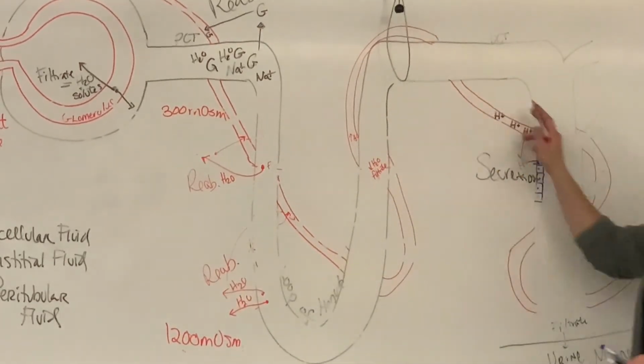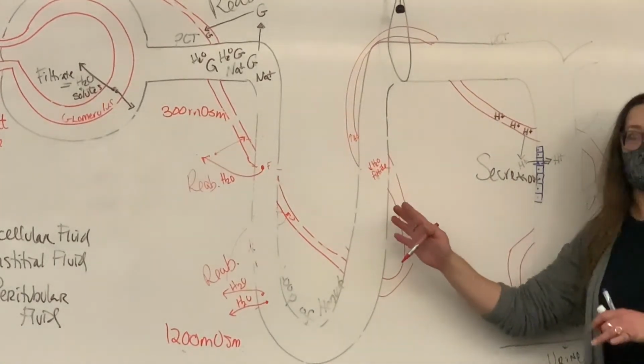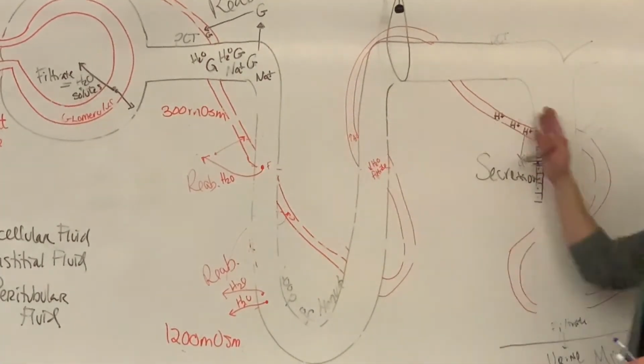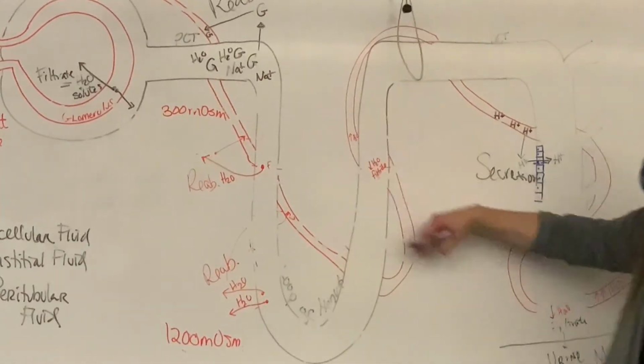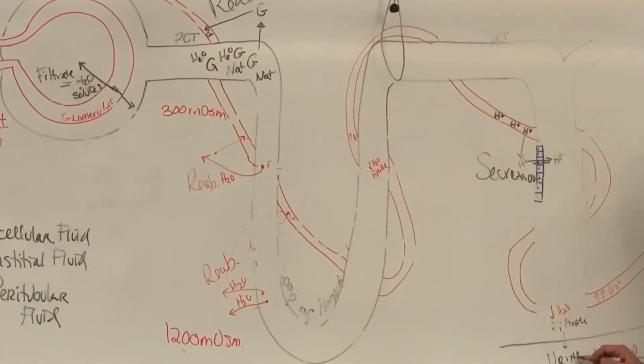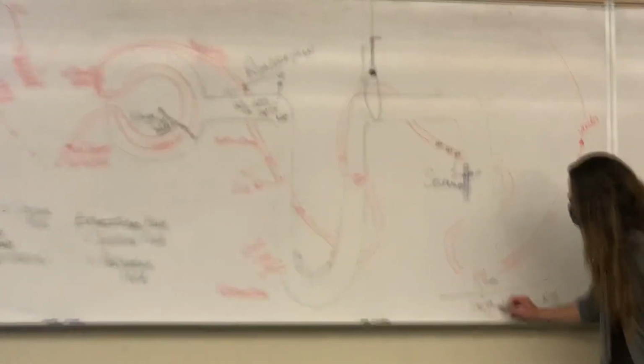And by the time that we get over here, we're gonna actually see this happen other places as well. But by the time we get over here, the filtrate is gonna have little water, and we will have put a lot of water back into the blood over the course of all this, so that this urine here is gonna be very concentrated.